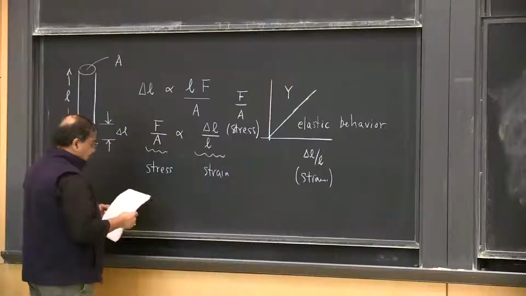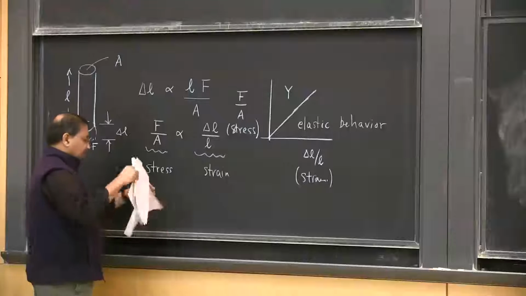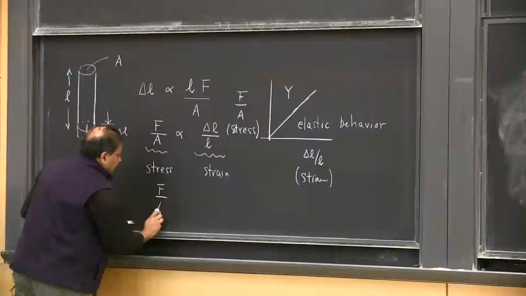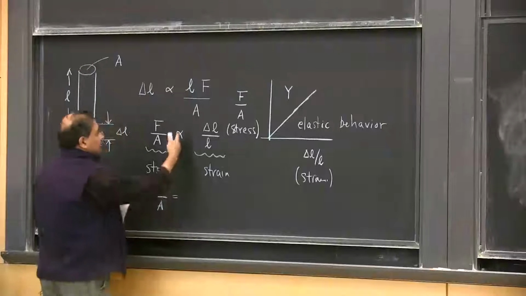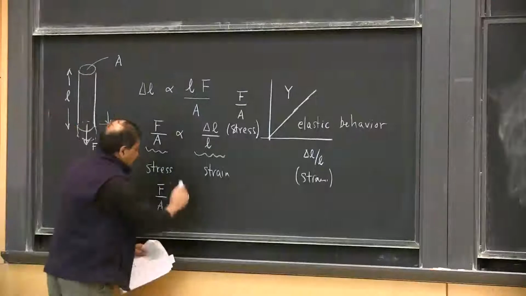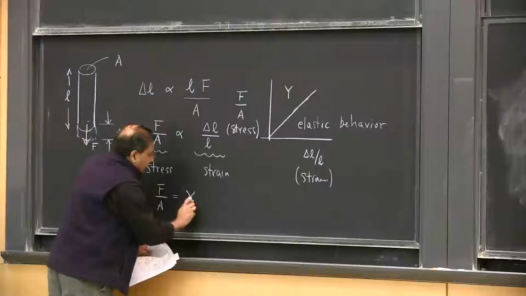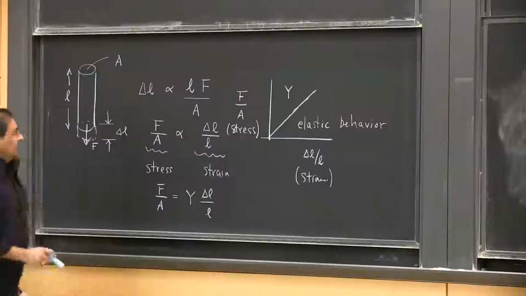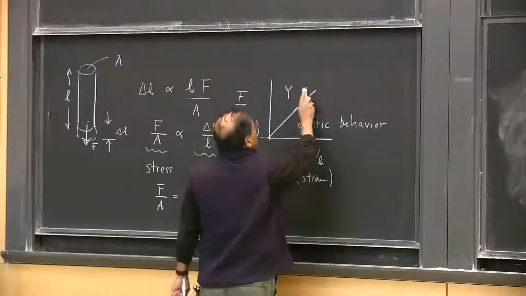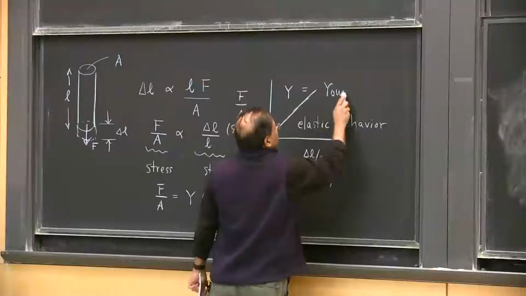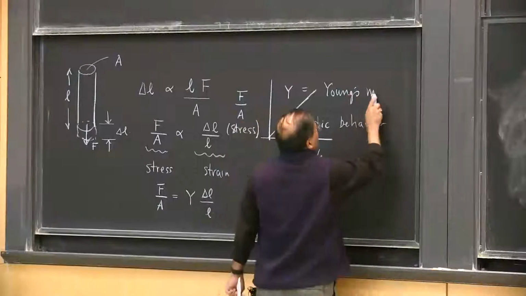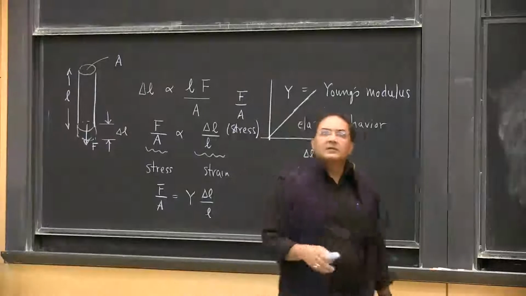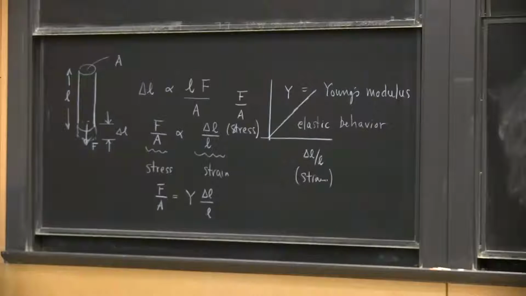So I should be able to write then that F over A is equal to, converting the proportionality to an equality, Y times delta L over L. So this Y is called Young's modulus. And Young's modulus is specific to the material of interest.